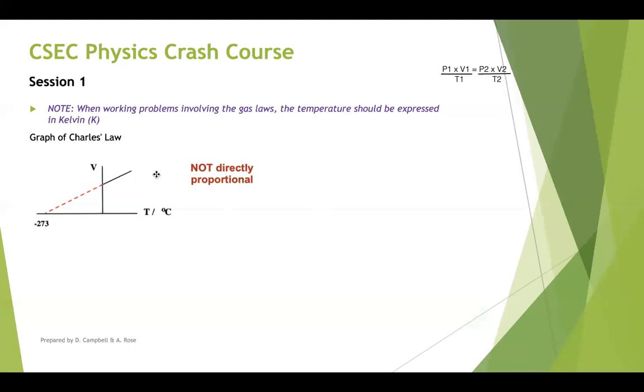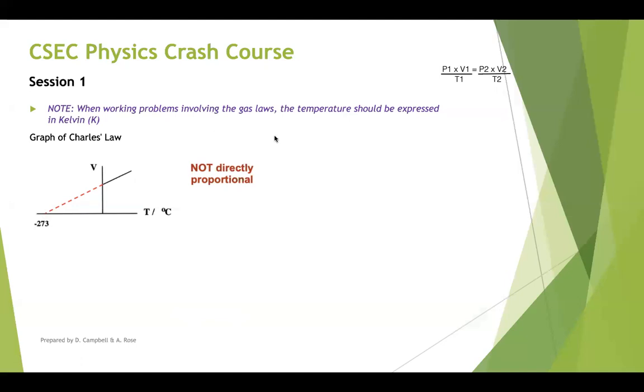Now, if you trace the line backwards, then you'd realize that where the volume is 0, whatever unit of volume you're using, cubic meters or cubic centimeters, etc., then the temperature corresponds to approximately negative 273 degrees Celsius.